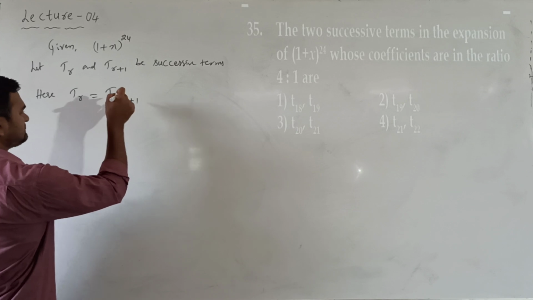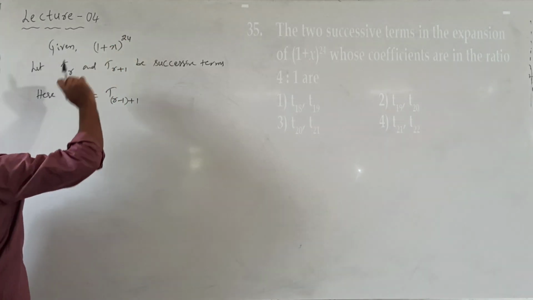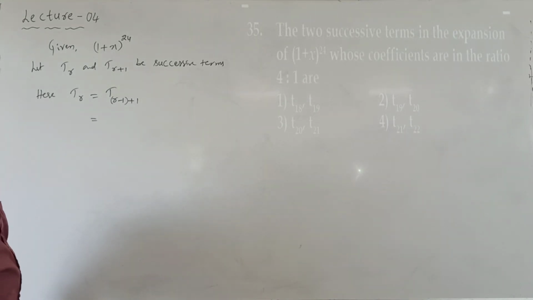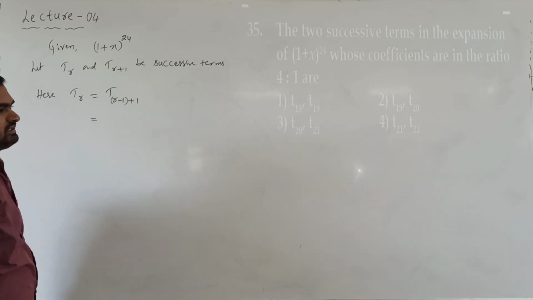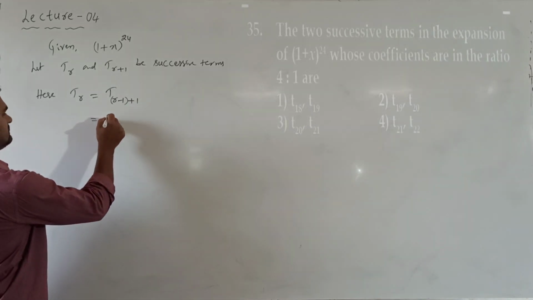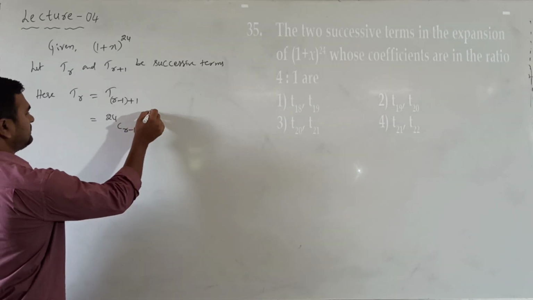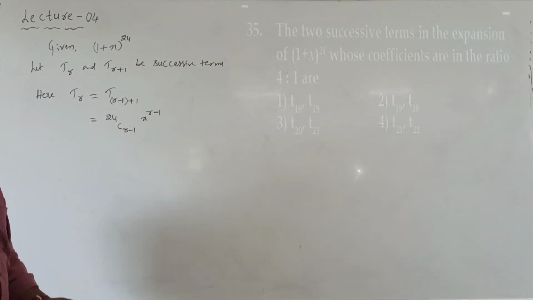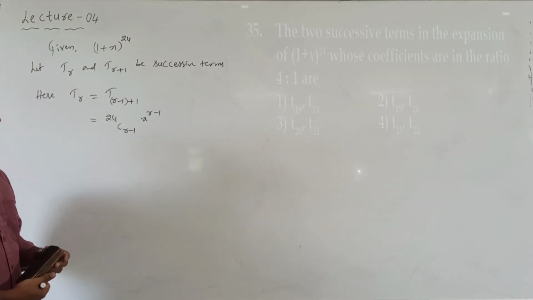So I will write R minus 1 plus 1. So this TR, it is in the form 1 plus x whole power n. So in the expansion 1 plus x whole power n, how can I write TR plus 1? So it is 24C R minus 1 into x to the power of R minus 1. So here coefficient is 24C R minus 1.